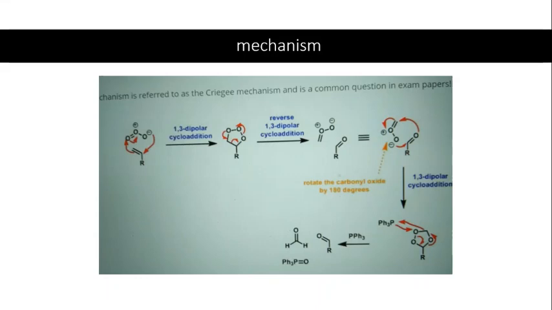At the start of the mechanism, the terminal negative oxygen attacks one of the carbons of the alkene double bond, and the pi electrons of the alkene are pushed towards the other, doubly bonded oxygen, which pushes the electrons towards the central one, resulting in the cyclic structure called the molozonide. This molozonide is the first cyclic structure that results after the attack of ozone on the alkene.